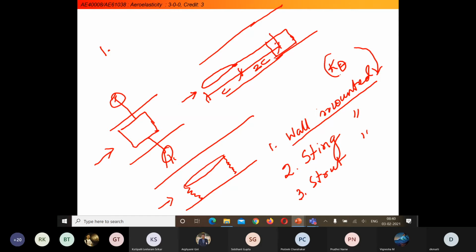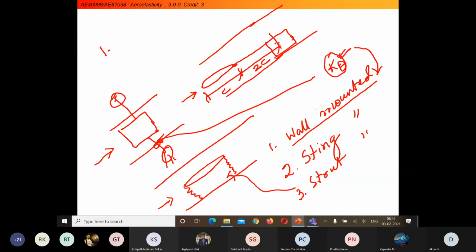This k theta has to be tuned with respect to the actual model, and the rod, circular or rectangular, should represent the torsional frequency of the actual wing. Similarly, in the sting mounted model, the torsional spring should be equivalent to the spring we have considered for the actual aircraft.